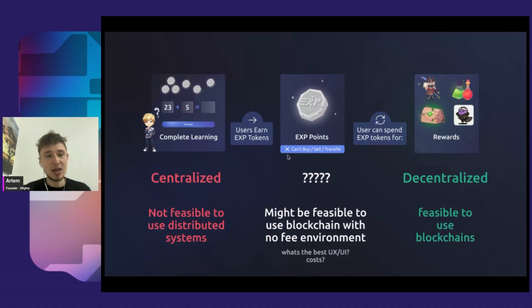In this case, it's not feasible to use distributed systems because to do that, you would have to do the whole peer-to-peer verification of students checking each other to make it fully decentralized. So we have a server that checks all the answers from students, and it's fully centralized, but it's not the problem we are solving. We do not need to be decentralized in this case.